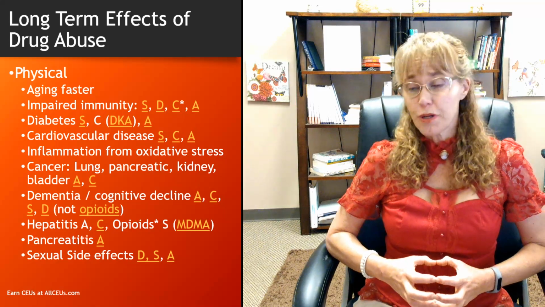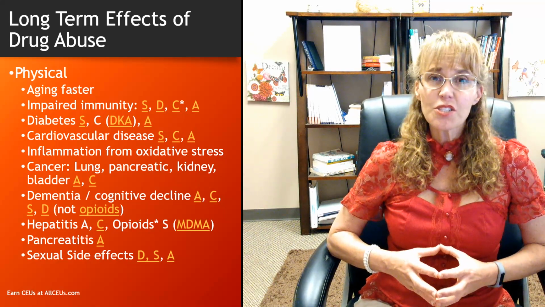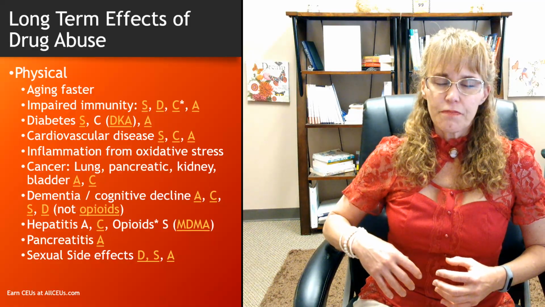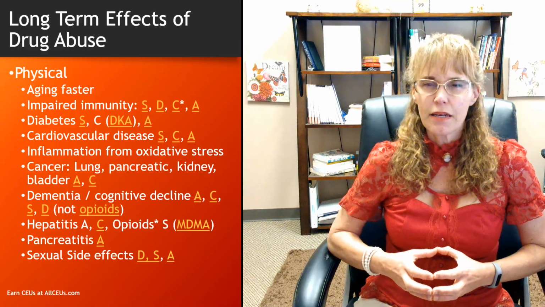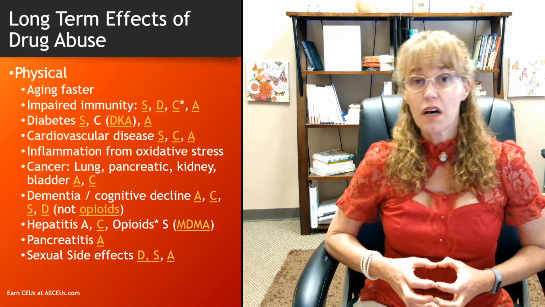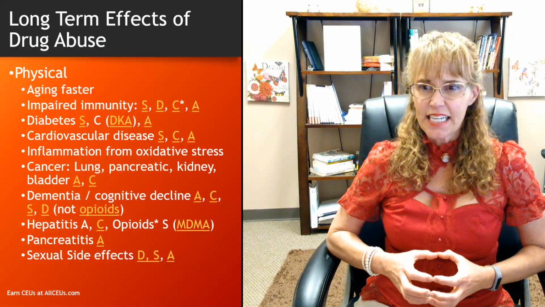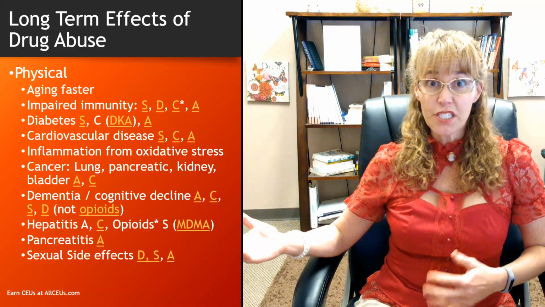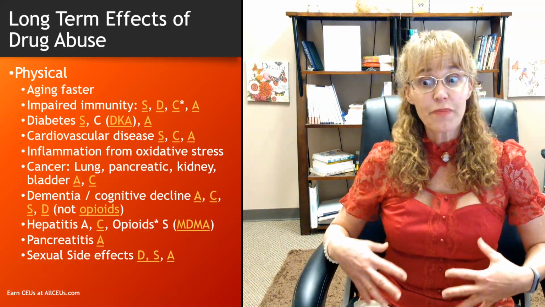Alcohol contributes through not only systemic inflammation, but also by causing inflammation of the liver and potentially hepatic encephalopathy as a result of drinking. Hepatitis is associated with alcohol. Alcohol, we know, is associated with cirrhosis and hepatitis C because it causes inflammation of the liver.